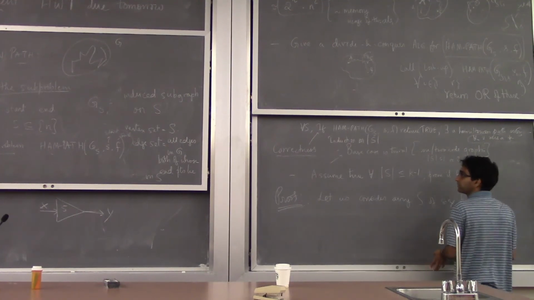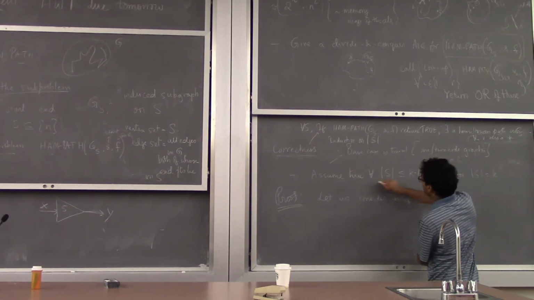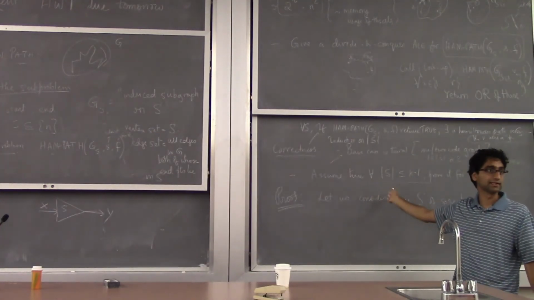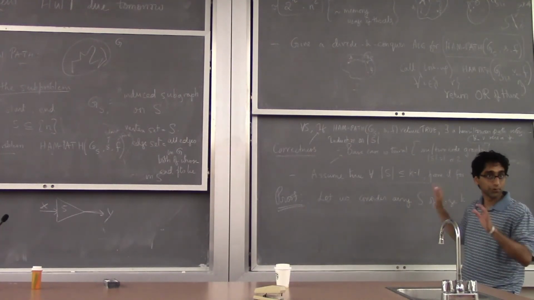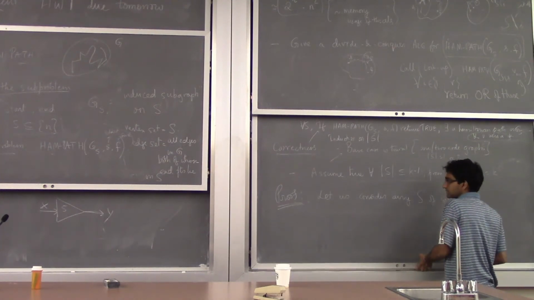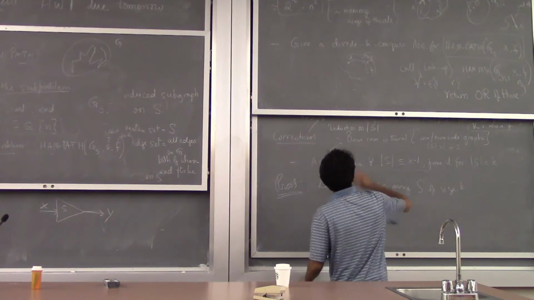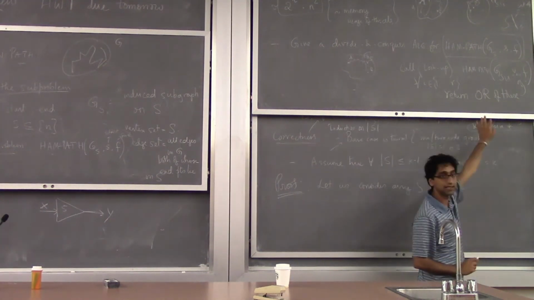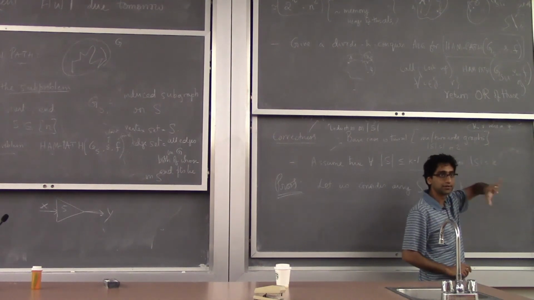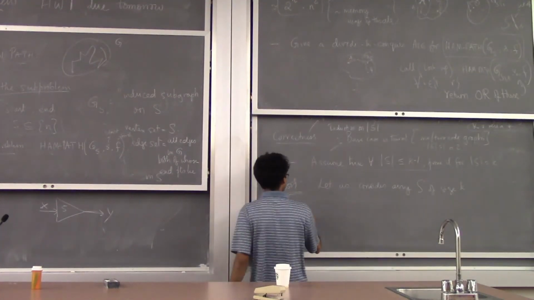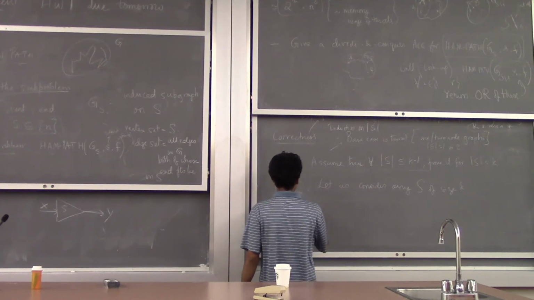And we are assuming that our hypothesis is true for all S of size strictly less than k, and we are trying to prove it for this S. We've got to show two directions: if Hamiltonian path returns true, there exists a Hamiltonian path, and vice versa. So you're first stating the vice versa part.